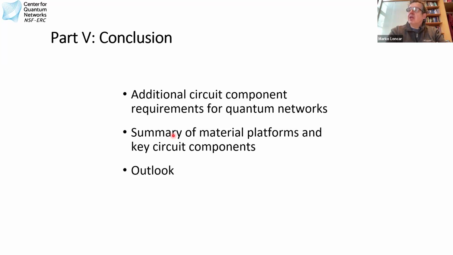Another thing, this is maybe just a broad comment, that people in photonics in particular often get stuck on is, oh, but is this platform CMOS compatible or not? A lot of these platforms we discussed have features that are not CMOS compatible, and people are often quick to dismiss them.